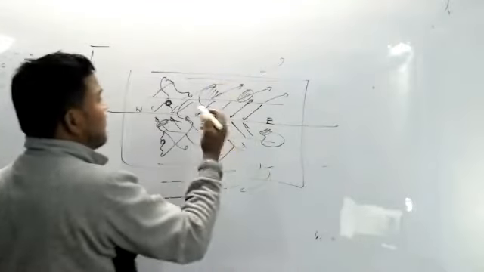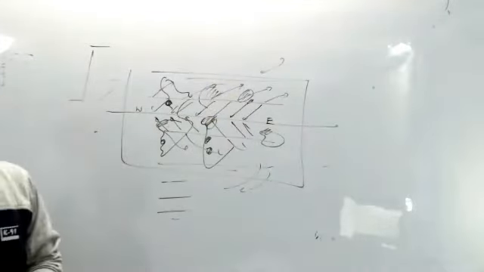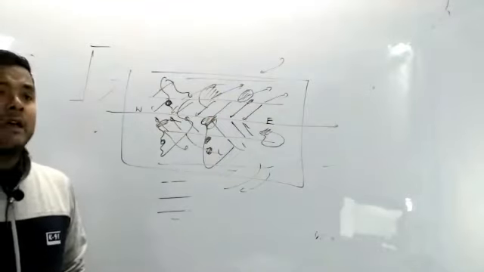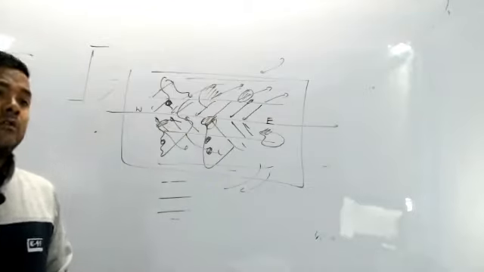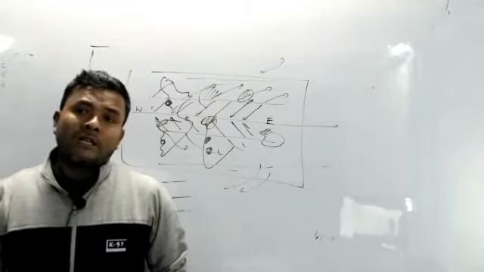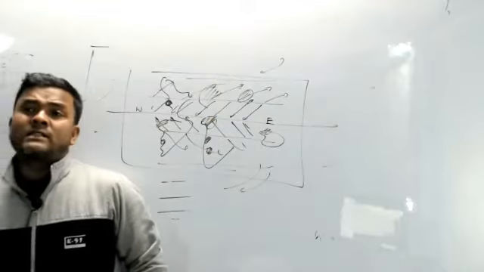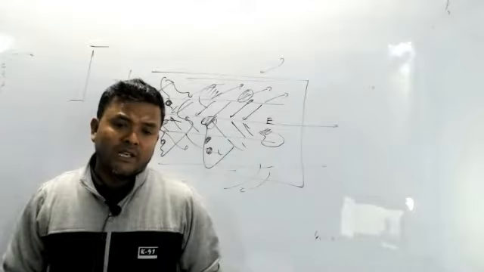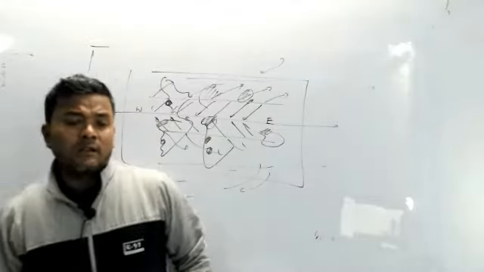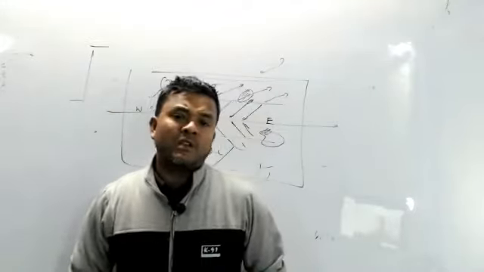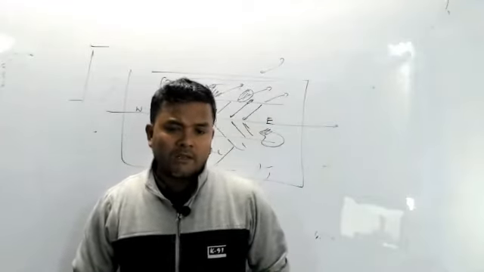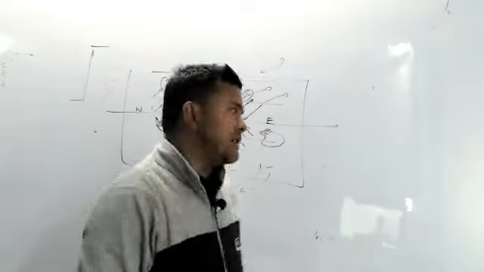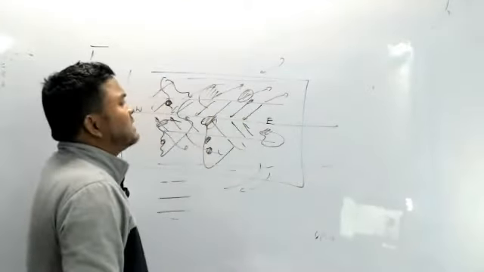The east wind is most probably in the northern hemisphere, in the latitude somewhere around 0 to 30 or 30 to 50. The equatorial regions have heavy rainfall.